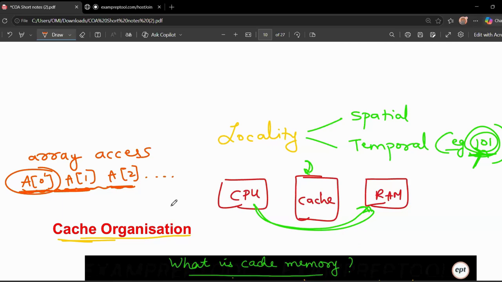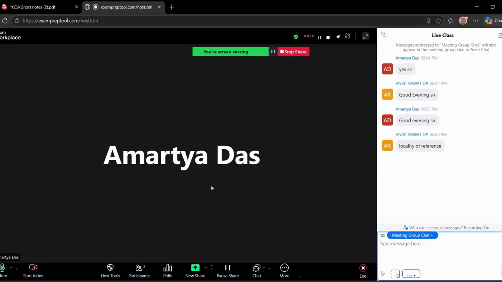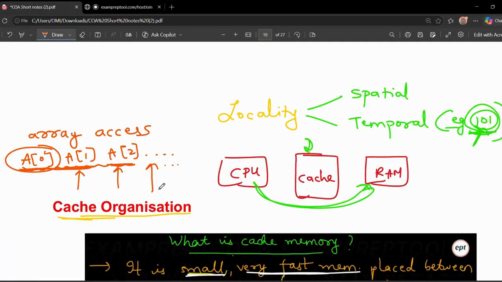For that, we are doing speculation. We are predicting that in the future, maybe this address can be accessed. So if we are predicting, why don't we put everything into the cache?